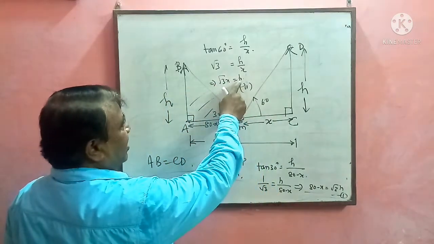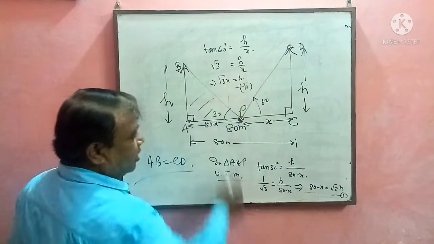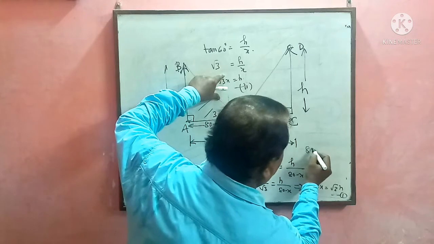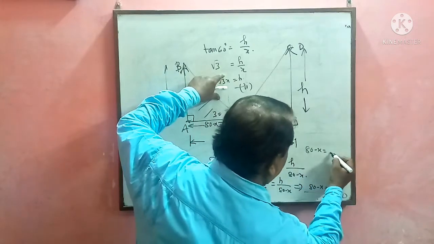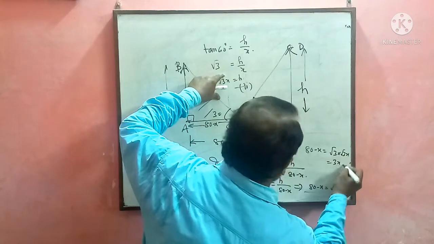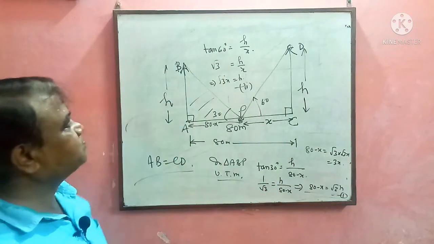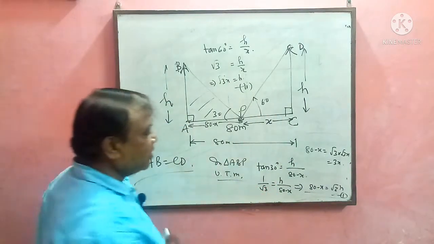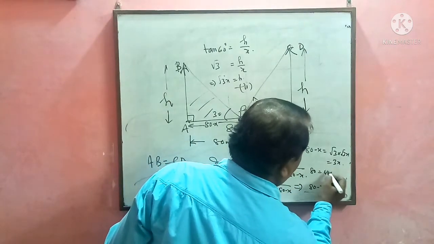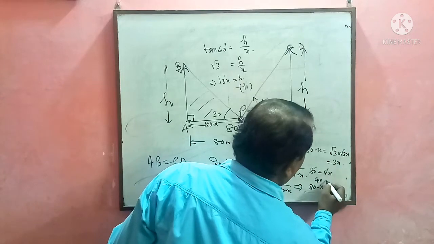Here we are having h is equal to root 3 x. And now I will put this one here. Now 80 minus x, this is root 3 into root 3 x, this is 3x, right? This is 3x and this x will come here, so 80 is equal to 4x. What is x? 40 meters.